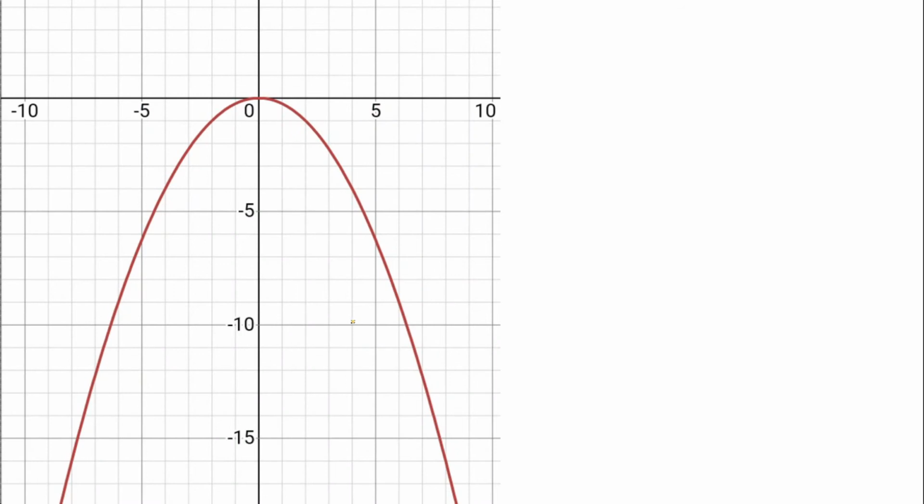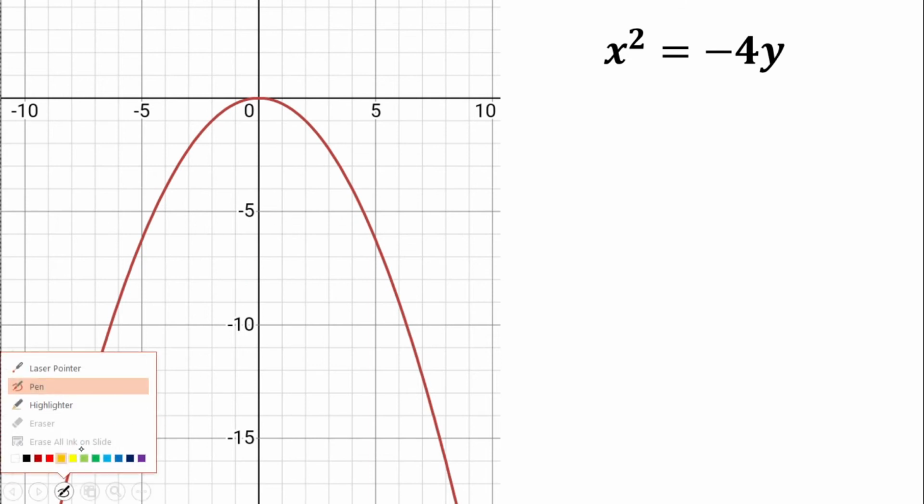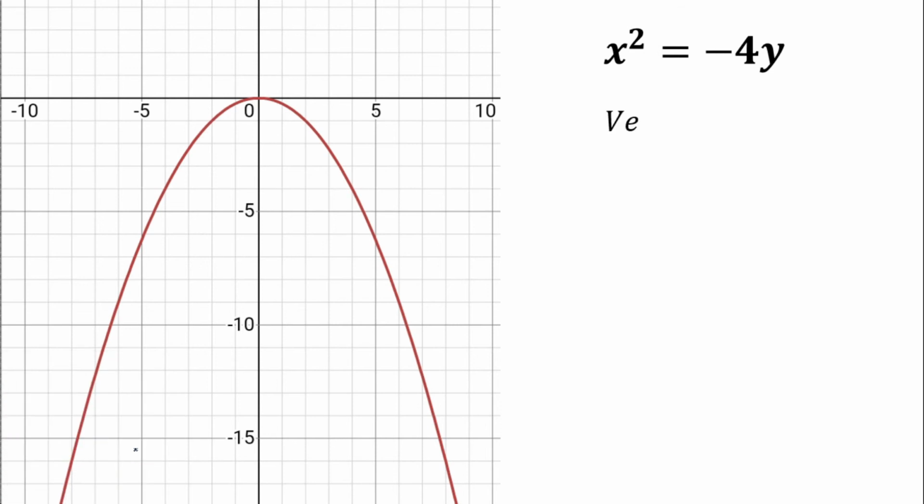Okay. So let us graph na. As what I've said earlier, ito yung given equation, di ba? X squared equals negative 4y. Tapos, yung vertex niya at 0, 0. So, ito yung vertex. Okay, kita nyo.